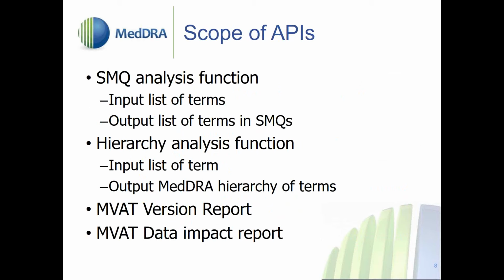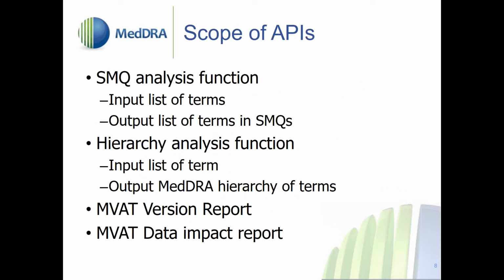You can perform a narrow or broad scope or an algorithmic search for the algorithmic SMQs that are in MedDRA. There's a hierarchy analysis function, where you provide a set of terms, and the output is the primary and secondary SOC hierarchy of those terms.